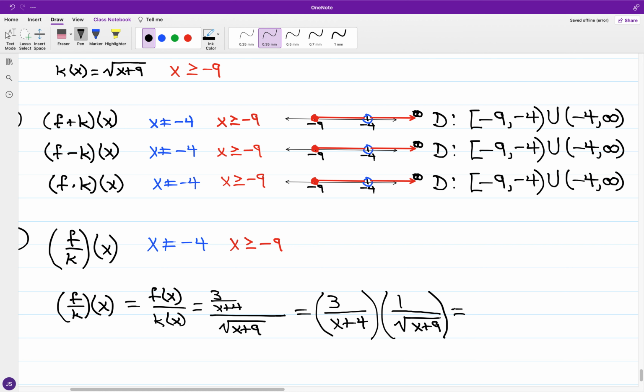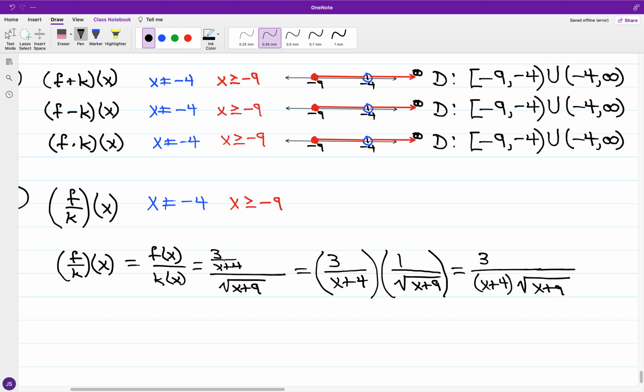Following through, 3 times 1 is 3, and we have all over the quantity of x plus 4 and the square root of x plus 9.